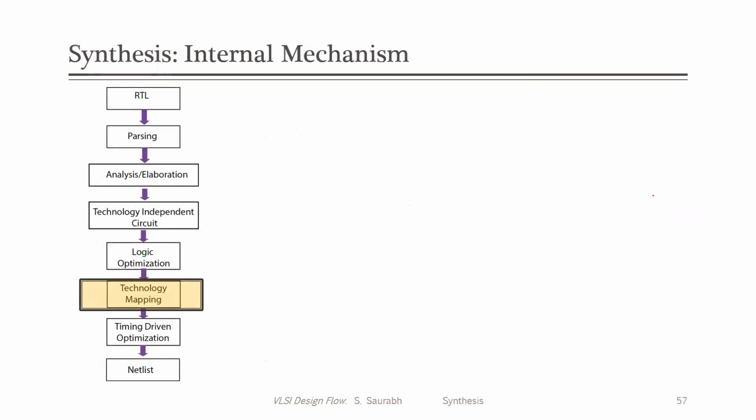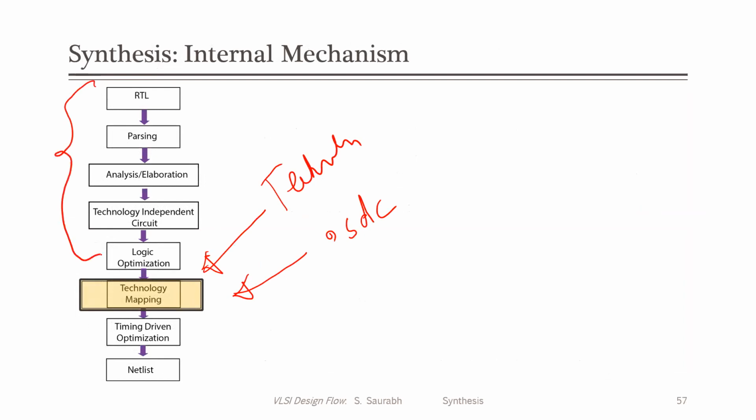And after this logic optimization, now comes your technology library. In this phase, the technology library that you have given will be used, and also your constraint file, the .sdc file, will be used. Till now, all the tool required was only your RTL.